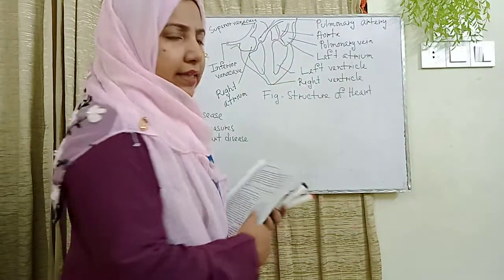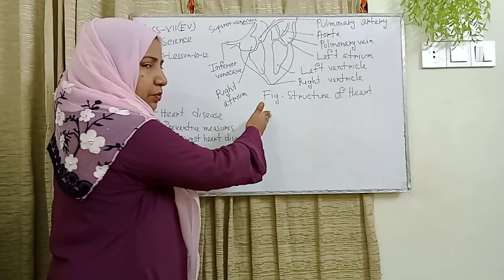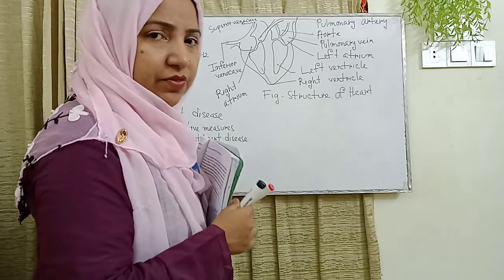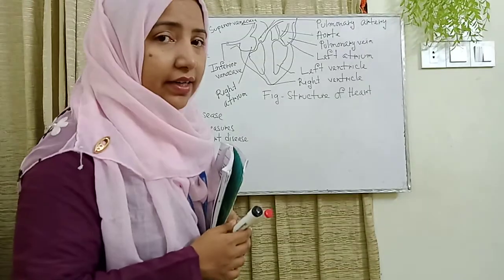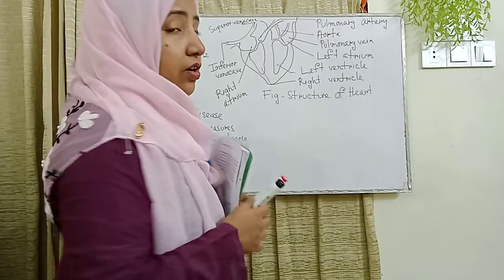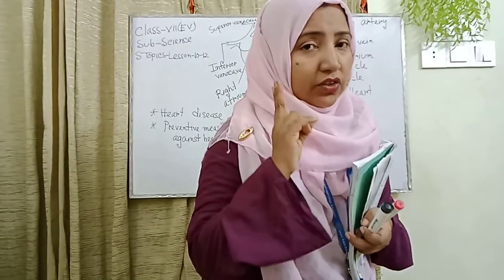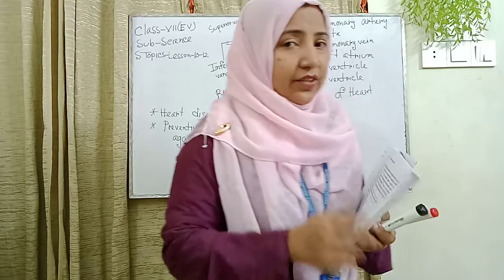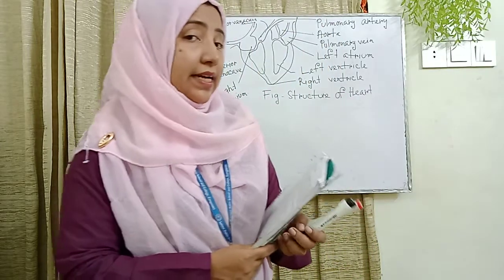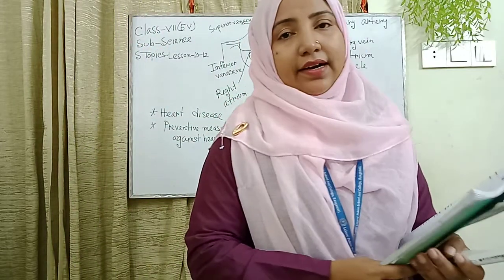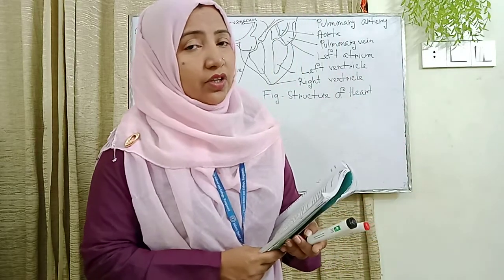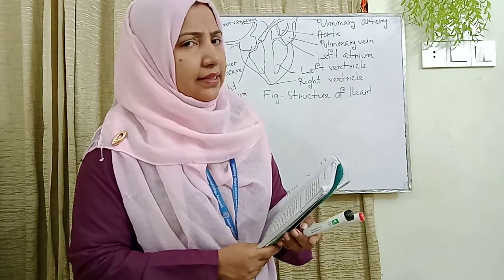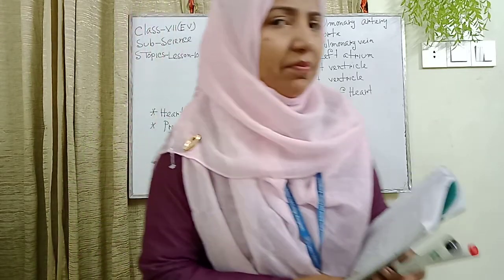Again, look at the board, and please everyone see this figure. Here in the figure I drew the structure of the heart. In this structure of the heart there are three layers. First is the epicardium, second is the myocardium, and third is the endocardium. The heart also has four chambers.